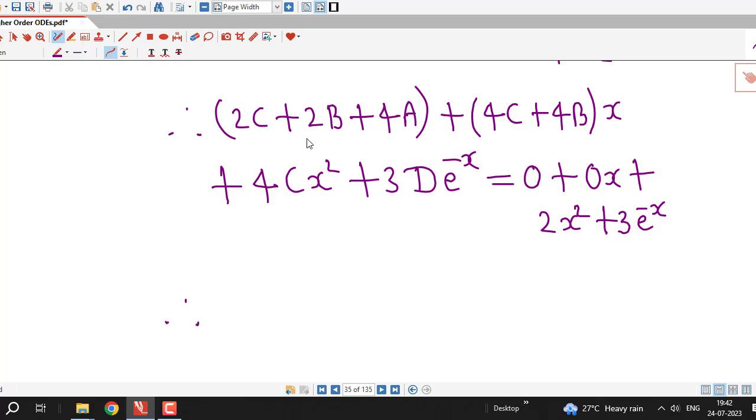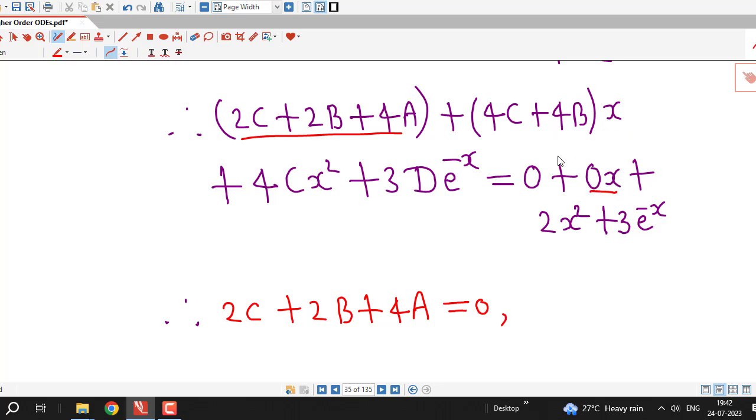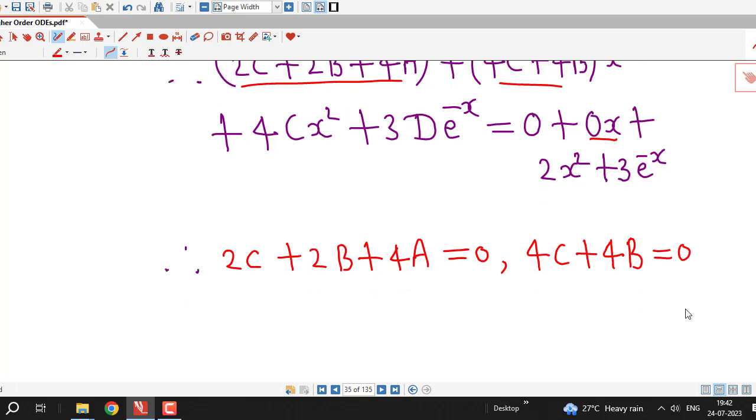we can compare the coefficients. First we can compare the constant terms. Here constant term is 2c plus 2b plus 4a, and here constant term is 0. Then coefficients of x, here coefficient of x is 0, here it is 4c plus 4b equal to 0.